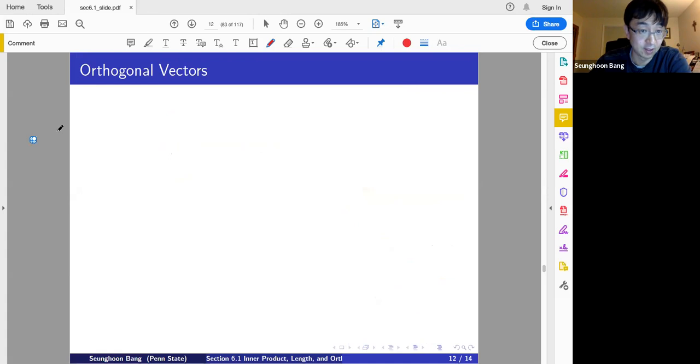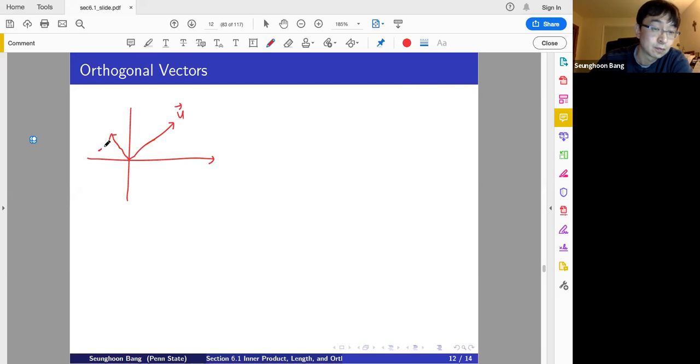So we have it like this, vector u and vector v, perpendicular. How can you find the property of perpendicular vectors? You can draw negative v in this direction, the same length. This one is negative vector v.